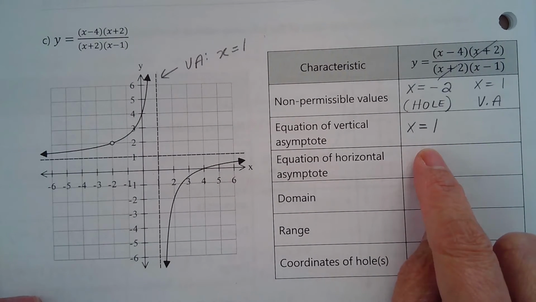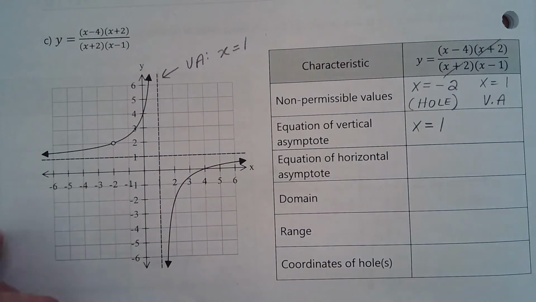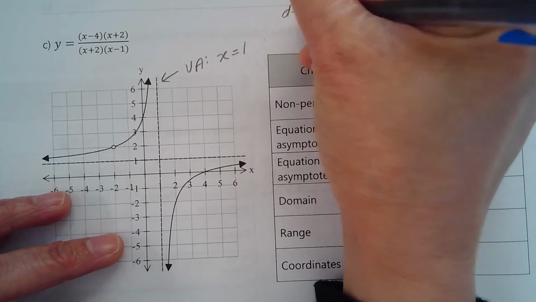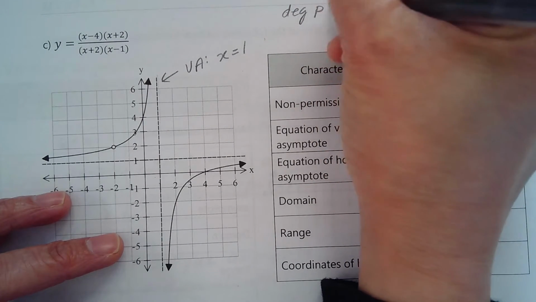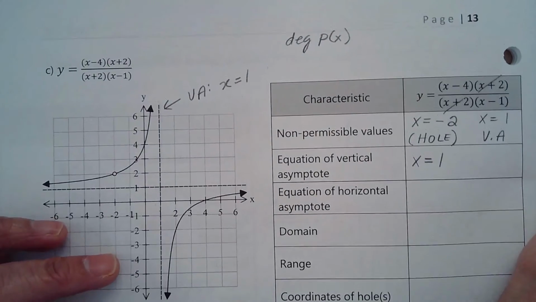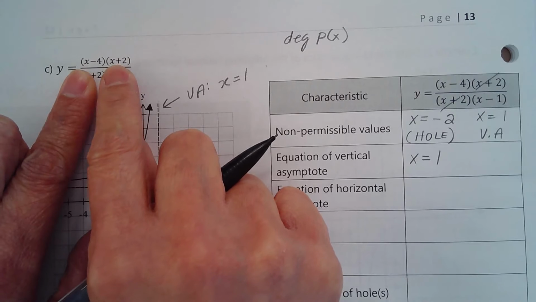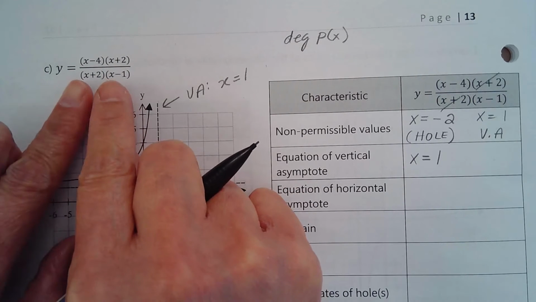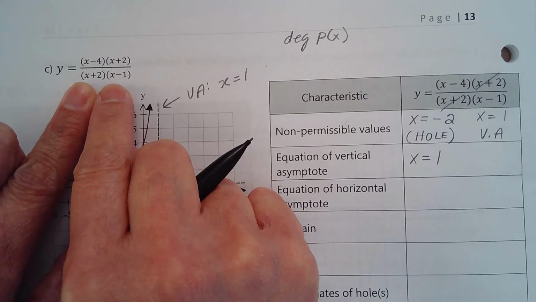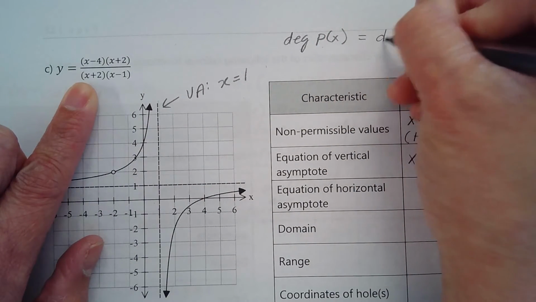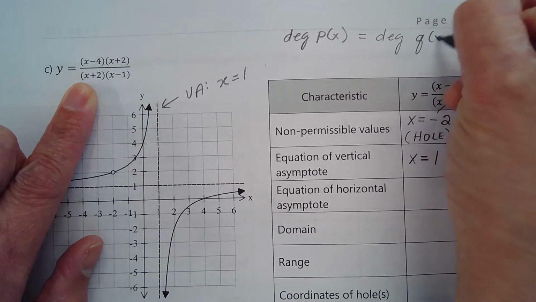What's the equation of the horizontal asymptote? How do we figure out the horizontal asymptote again? The degree of p of x is 2, right? Because x times x will give us x squared. And what's the degree of the denominator? It's also 2. So the degree of p of x is equal to the degree of q of x.